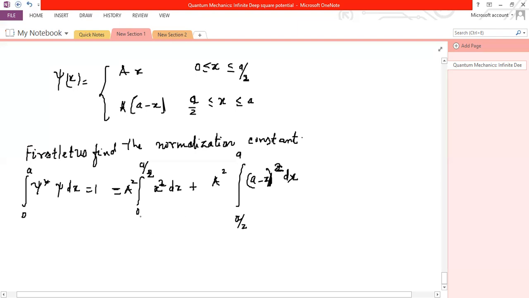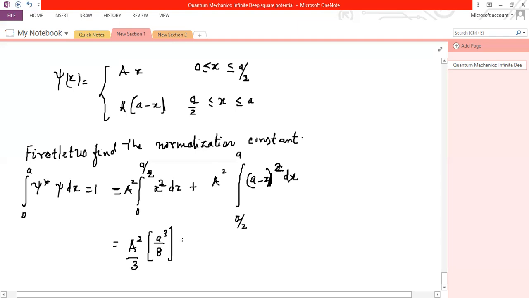If I want to find what this would be, I think it is quite easy to see that it will be equal to A squared times x cubed by 3, and if I replace x with a/2, it would be a cubed by 8, and the 3 would also come.